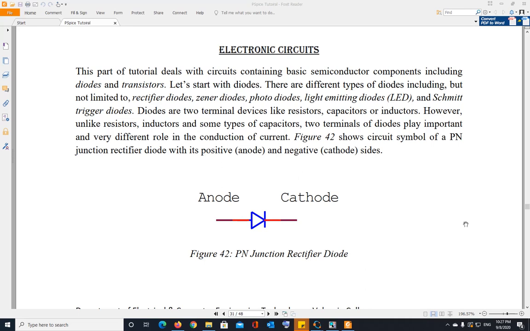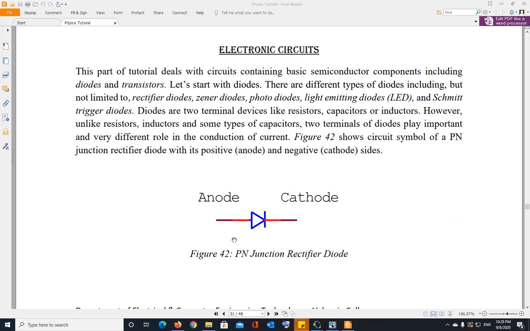And then we are going to see one circuit at least with the MOSFET, which is the metal oxide semiconductor field effect transistor. So we are going to study these three very basic electronic components, and we are going to carry out simulations with these three components, starting with the diode, what we also call rectifier diode or PN junction rectifier diode, as you can see on the screen.